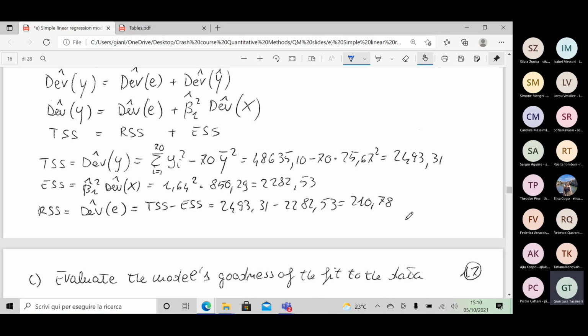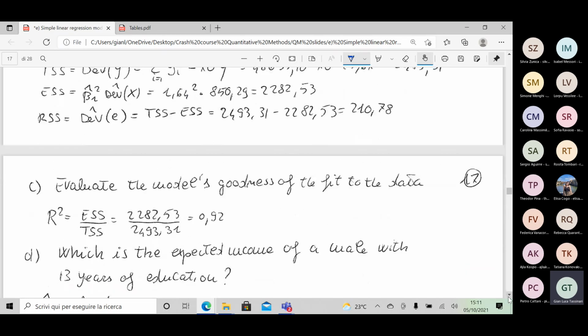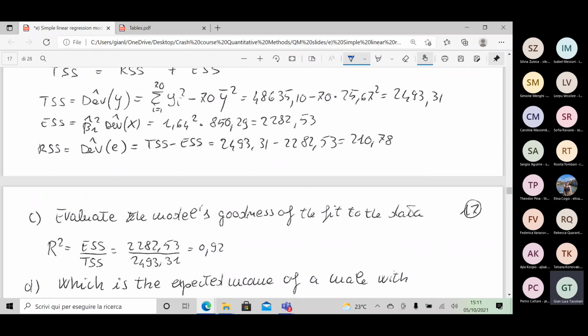By definition, the R square, even with the multiple regression model, is the explained sum of squares over the total sum of squares. So evaluate the model goodness of fit, simply R square, ESS over TSS. We computed them here, ESS and TSS, and I got 0.92.